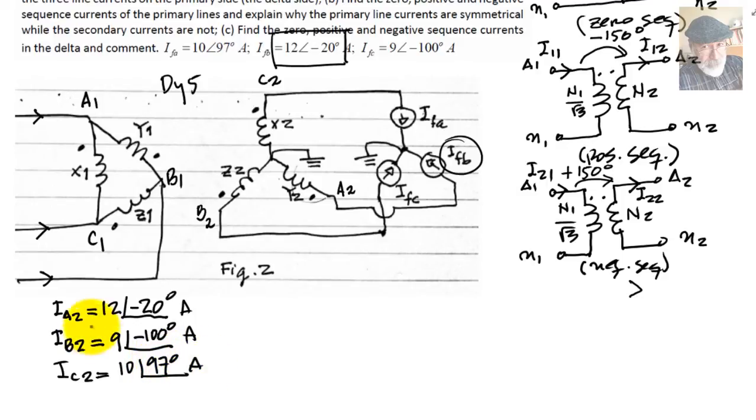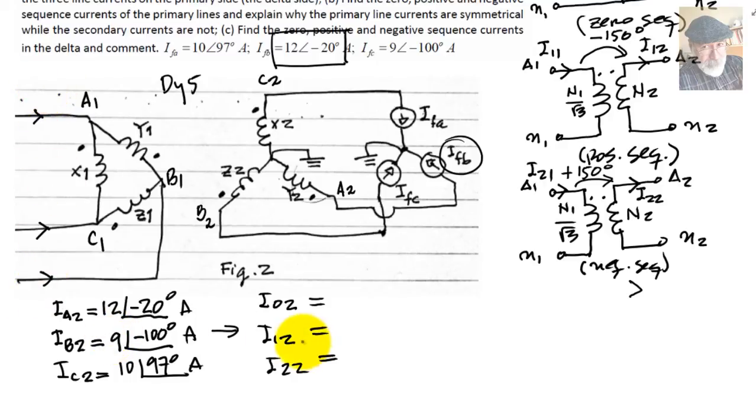Those are the three phase currents in the lines of the secondary, and we use a transformation to find the zero sequence current of the secondary, the positive sequence current of the secondary, and the negative sequence current of the secondary, which are the ones that we will apply here, there, and on the zero sequence network up there to obtain through the transformers the sequence currents of the currents in the lines of the primary.